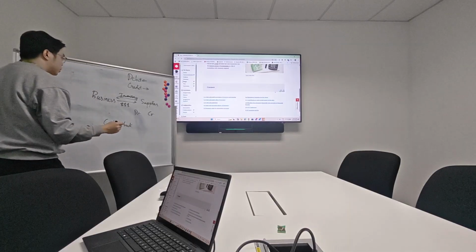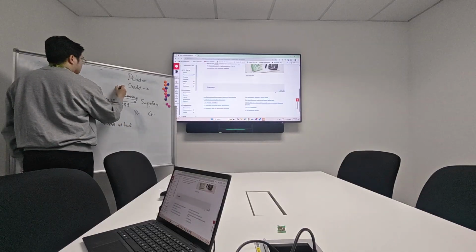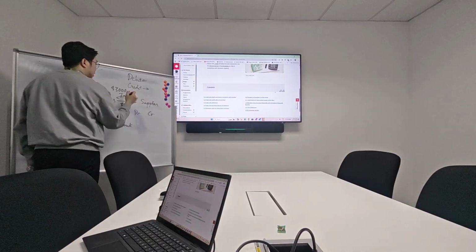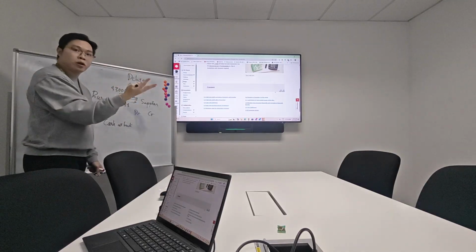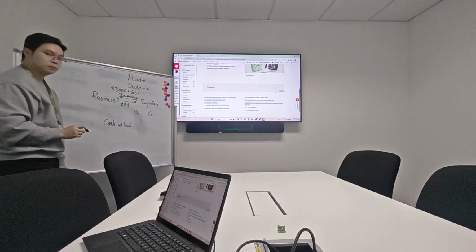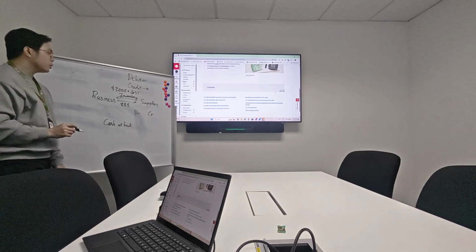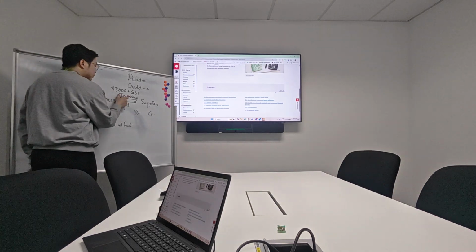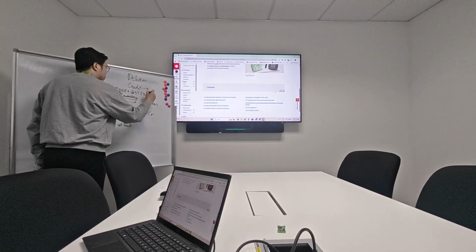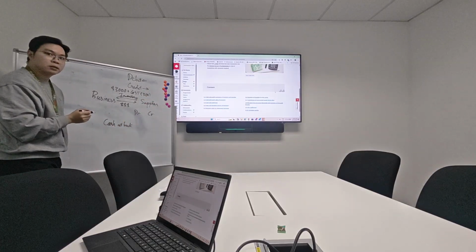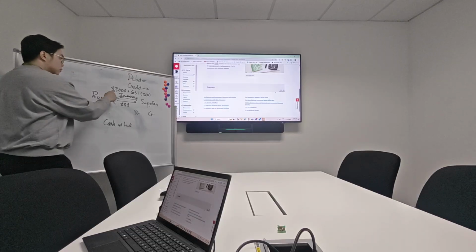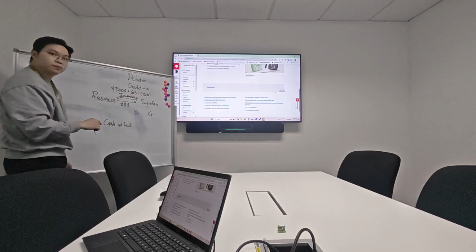Let's just say we are buying $3,000 of inventory. And of course, when we buy something, we also have to pay tax for it, plus GST. All right? So if the inventory itself is 3,000, GST on that would be 300 because it's 10%. So the total cash coming out of the business would be 3,300.